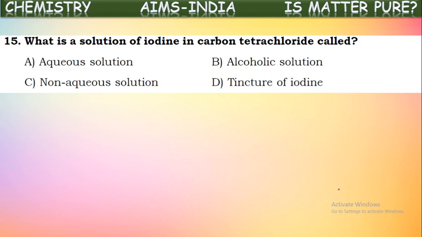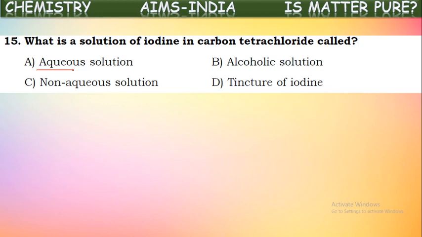Carbon tetrachloride. Actually, iodine is soluble in some liquids like alcohols and one of the organic substances, carbon tetrachloride. So liquid solutions can be classified into two types: aqueous solutions or non-aqueous solutions. Here aqua represents water.